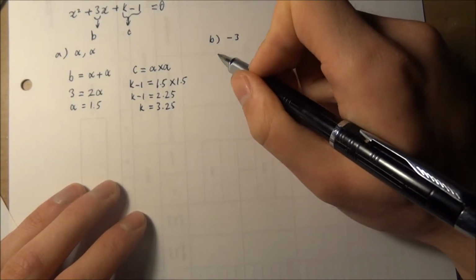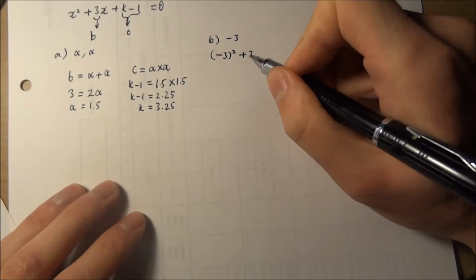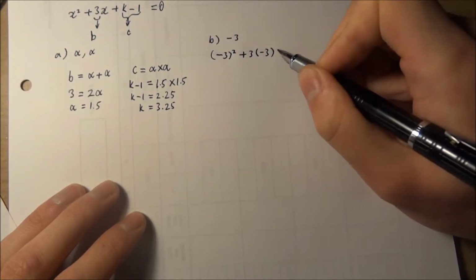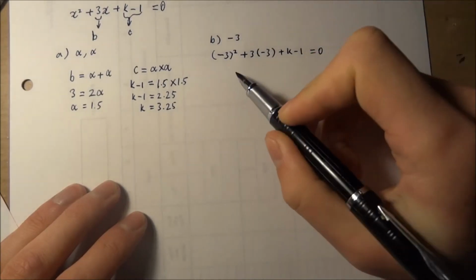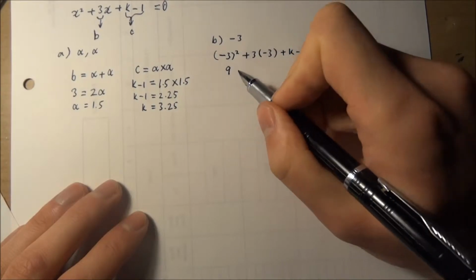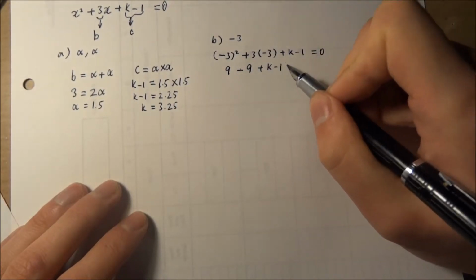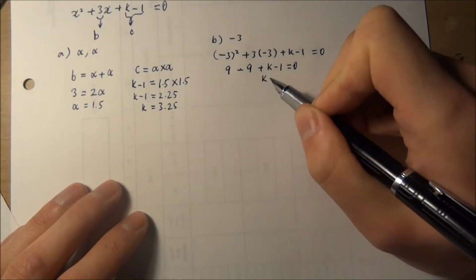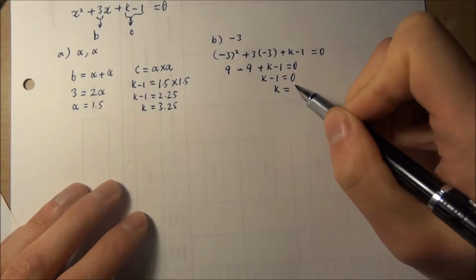So we can have minus 3 squared plus 3 times minus 3 plus k minus 1 equals 0. And in this case, it's 9 minus 9 plus k minus 1 equals 0, k minus 1 equals 0, and k equals 1.